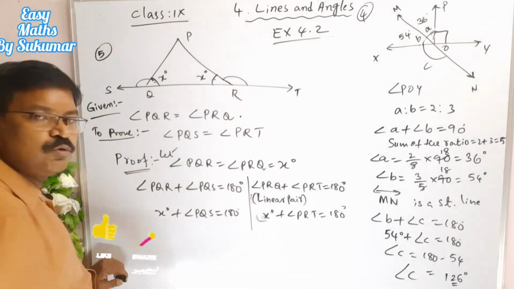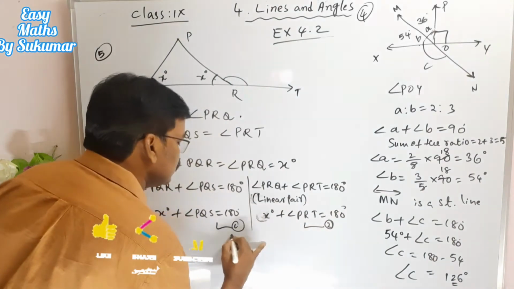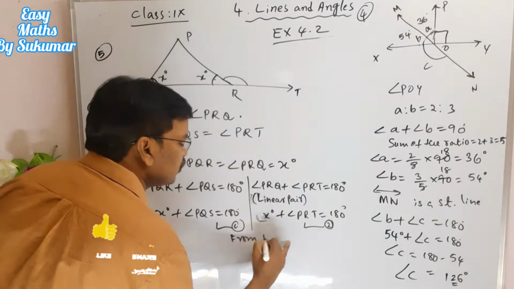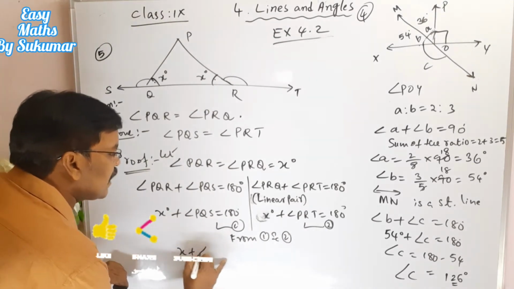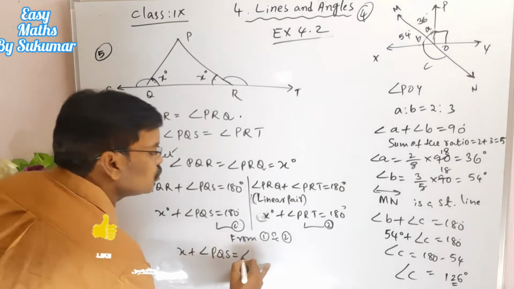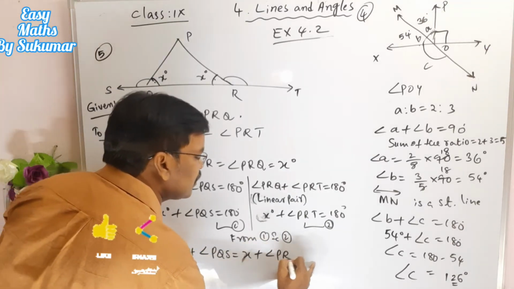So from 1 and 2, both equations are equal to 180 degrees. That means x plus angle PQS is equal to x plus angle PRT.